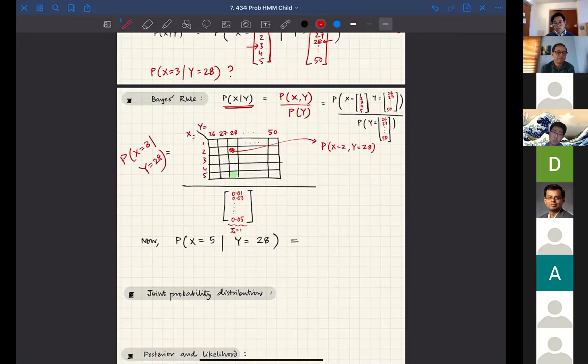How do you answer it? Or let's say X equals 5, because I have that as the example below. So P of X equals 5 given Y equals 28 is nothing but P of X equals 5 and Y equals 28 divided by P of Y equals 28.